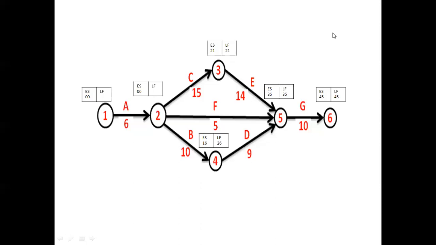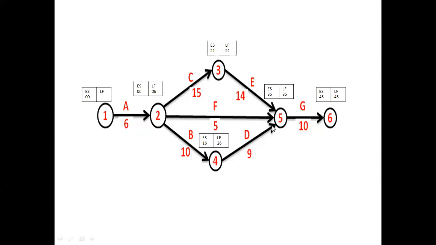Suppose the activity C is considered, then the latest finish time for activity A will be 21 minus 15, that is 6. If you consider 2 to 5, then it will be 35 minus 5, that will make it 30.